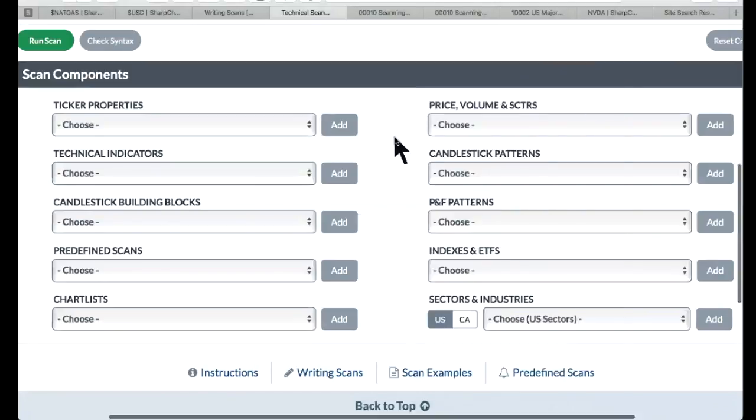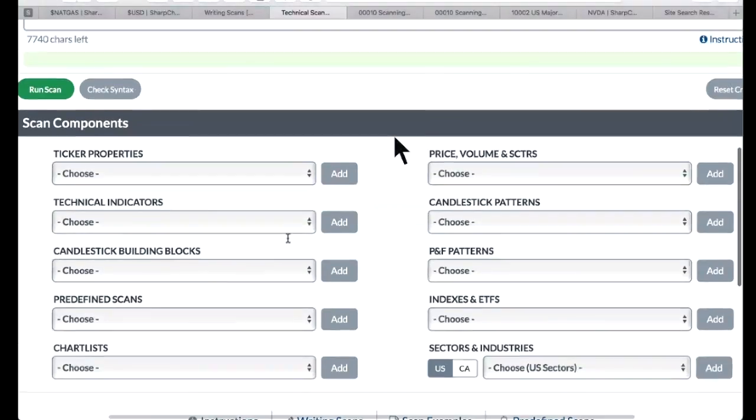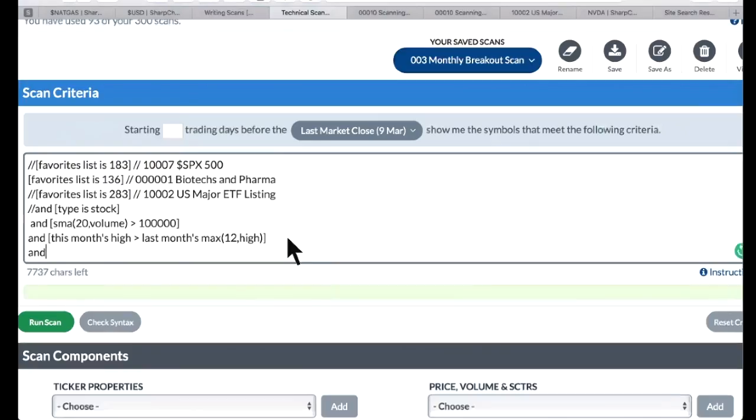Let's say that there's going to be too many. You can do something and say, and bracket SCTR is greater than 50. And the reason for doing that is it's going to get rid of all of the stocks that have a weak SCTR ranking and focus on everything kind of better than average. And that's a pretty important place.